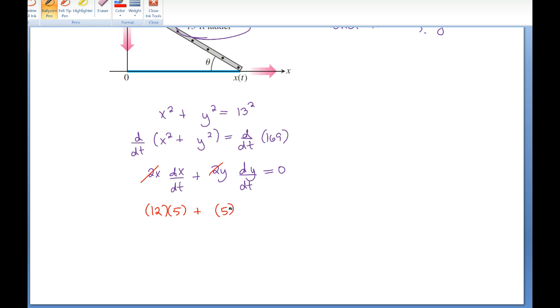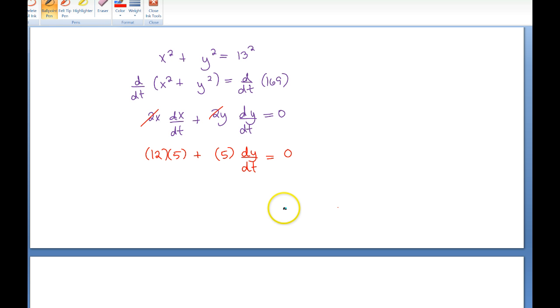dy/dt. Now, just looking at the problem, is dy/dt going to come out positive or negative? Negative. The ladder is falling down. The distance is getting smaller. And what do we get for dy/dt?